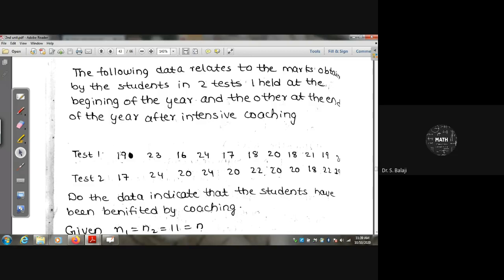But the sample results are taken from the same set of people.